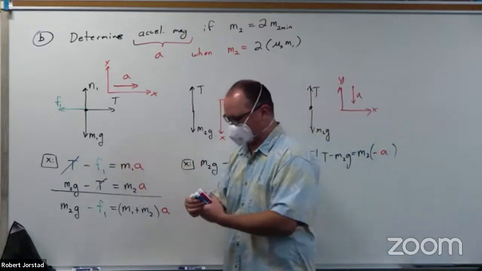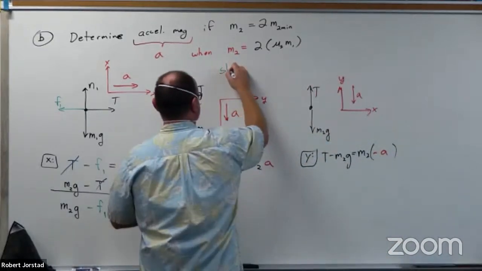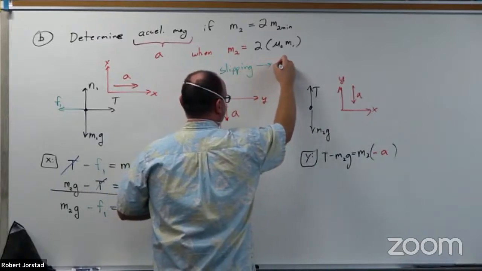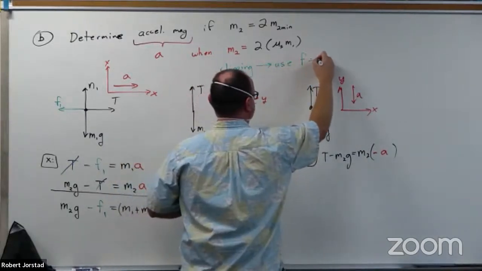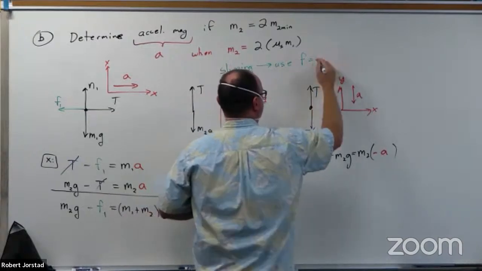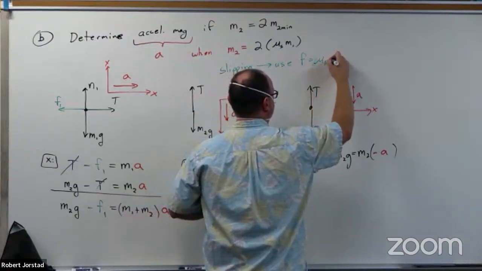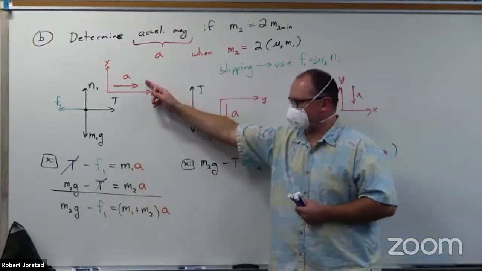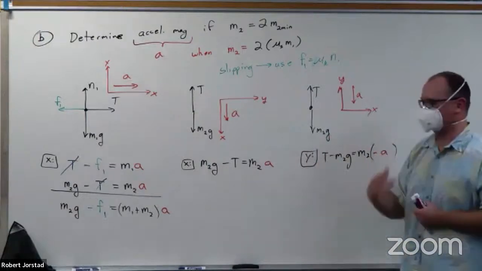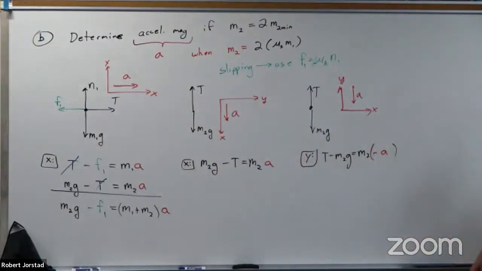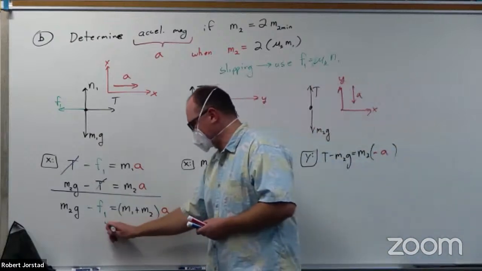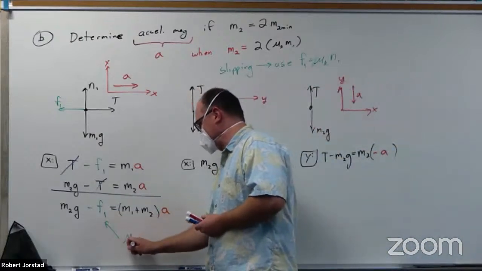The frictional force equation, now that it's moving, it's slipping. Use F equals mu kinetic N1, right? So there's an acceleration now, and the friction type changes. So there's a subtle difference there. But in here, this is mu kinetic.